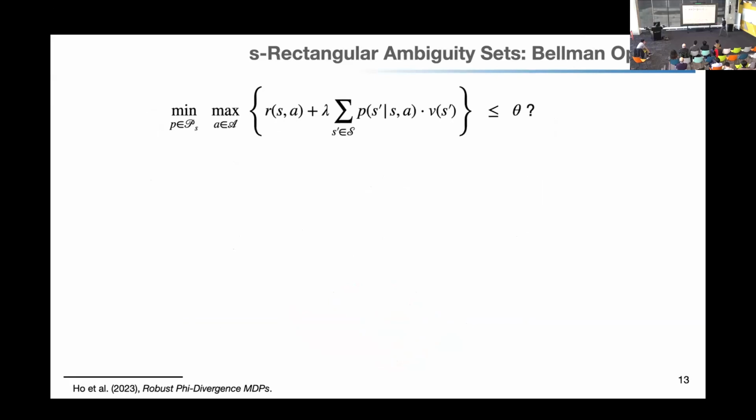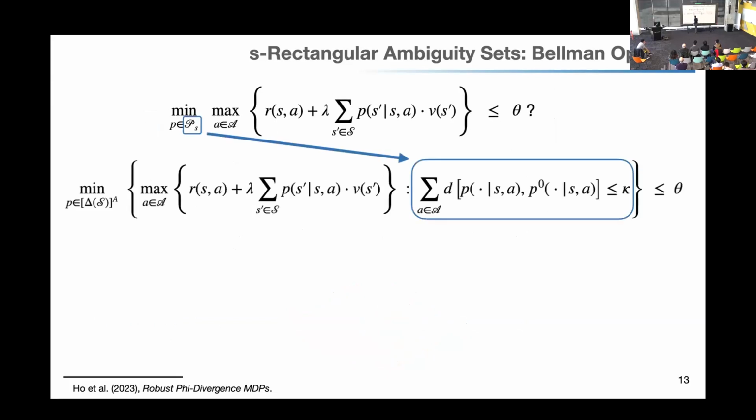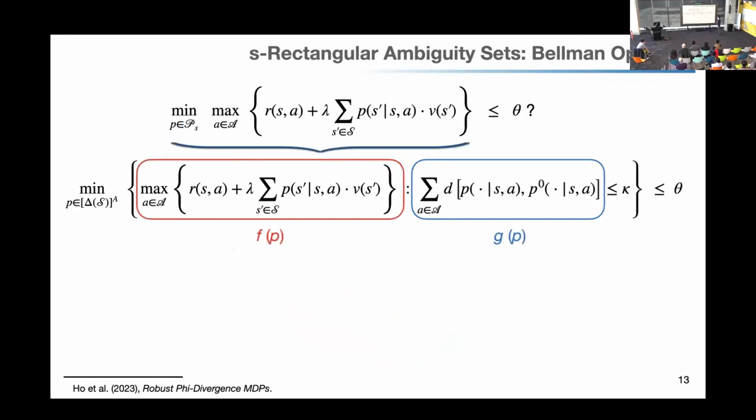All right, let's plug in now our definition of the ambiguity set P_S. It was this ball centered at the empirical distribution. And now if we look at this min-max problem, then from a high-level perspective, what we're asking ourselves is: is there a p for which f of p is less than or equal to theta, while g of p is less than or equal to kappa?